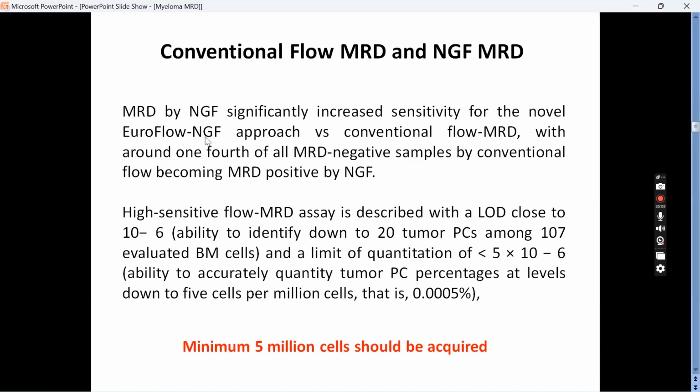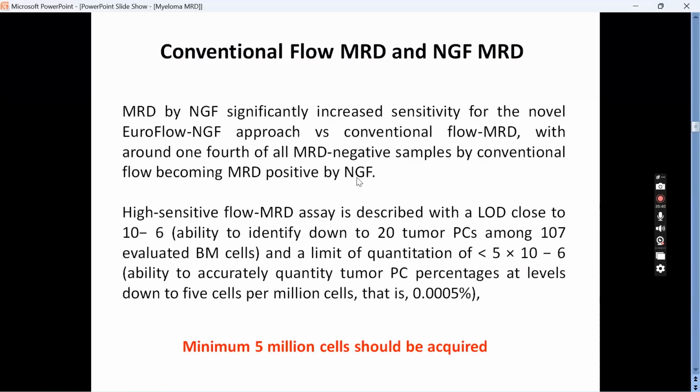Okay, so the Euroflow made some recommendations that these all should be there to qualify for next generation flow. One is the number of events that has to be acquired, and the minimal number of markers which has to be there in the panel. All these things were established. Okay, so with the novel NGF approach versus conventional MRD, remember, around 1/4 of all MRD negative samples by conventional flow became MRD positive by next generation flow.